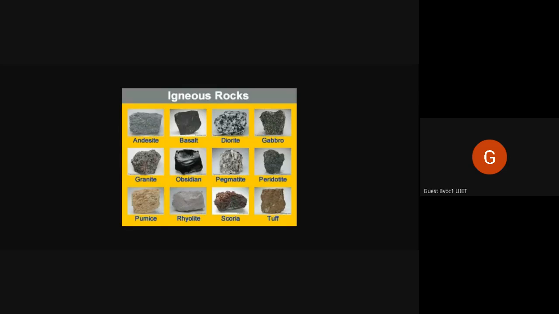You can see the layers because sedimentation is a process that happens over many years, and you can see those layers when the rock solidifies. I'll show you a few images.